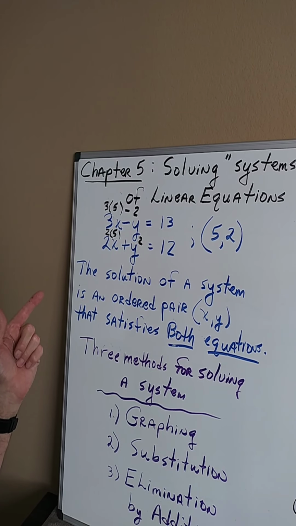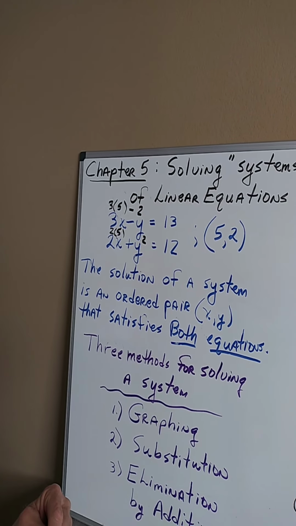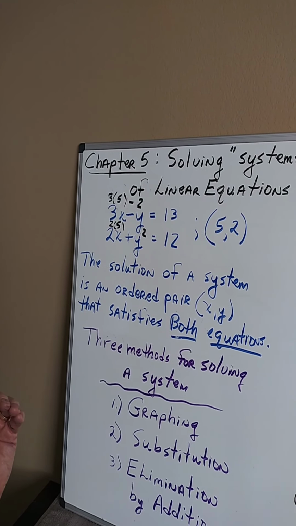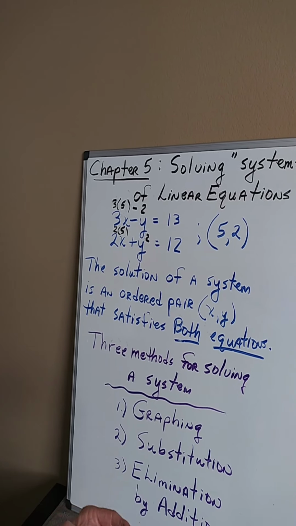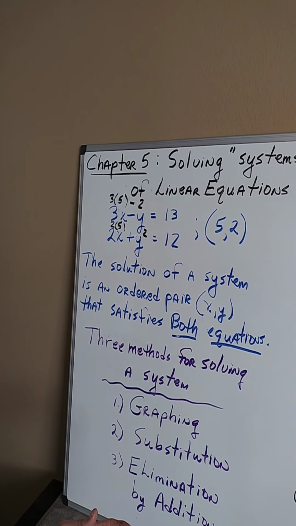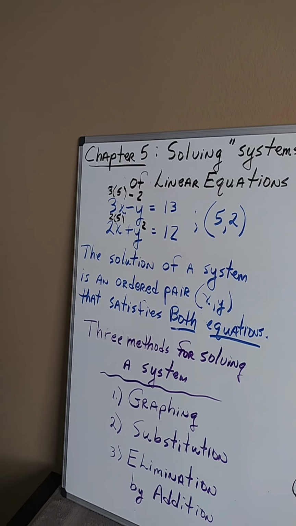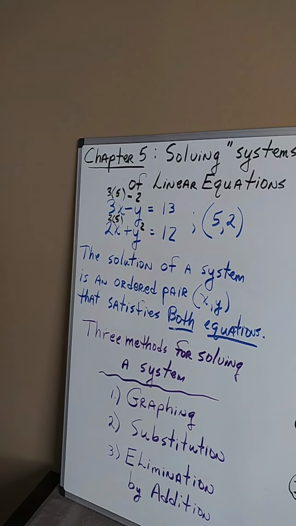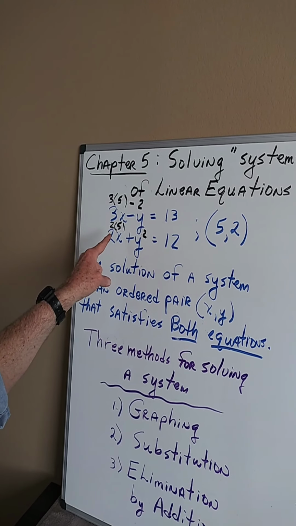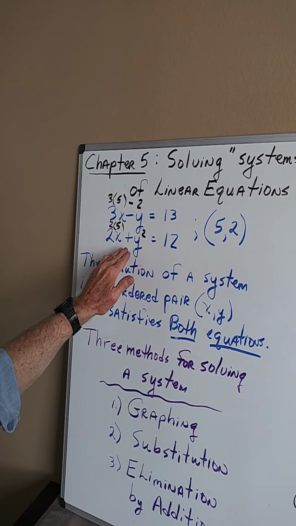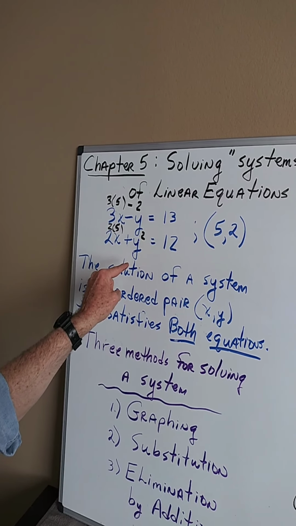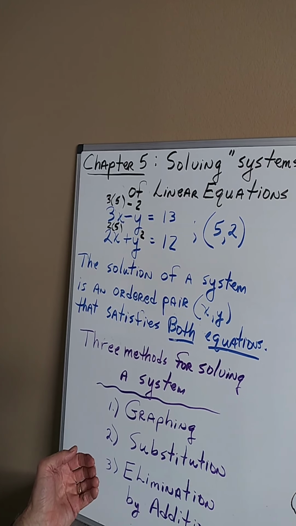Now, you just took an exam, and on that exam you had to graph a linear equation in two different ways. The x and y intercept method and the slope y-intercept method. Y is equal to mx plus b. So when we use the graphing method to solve a system, you graph each one of these equations on the same coordinate plane.